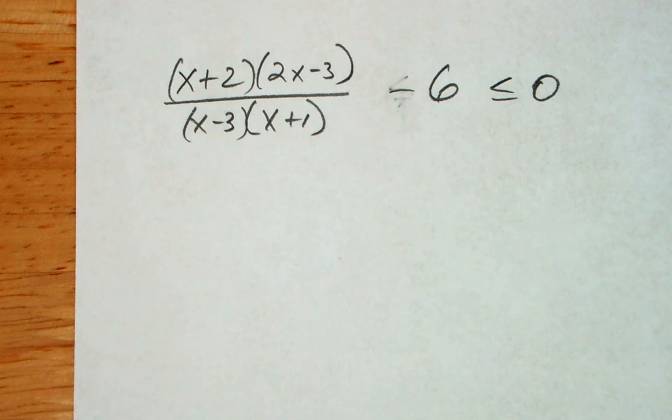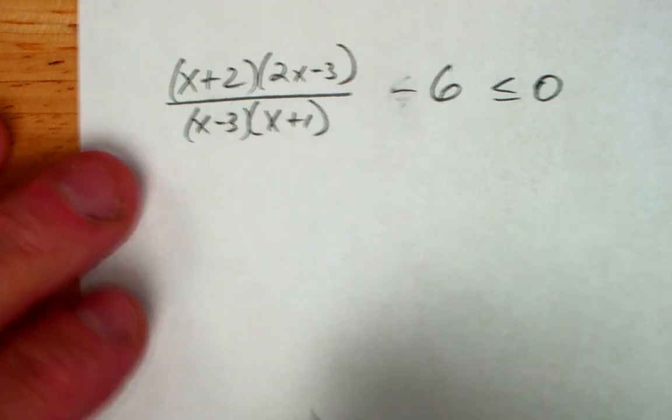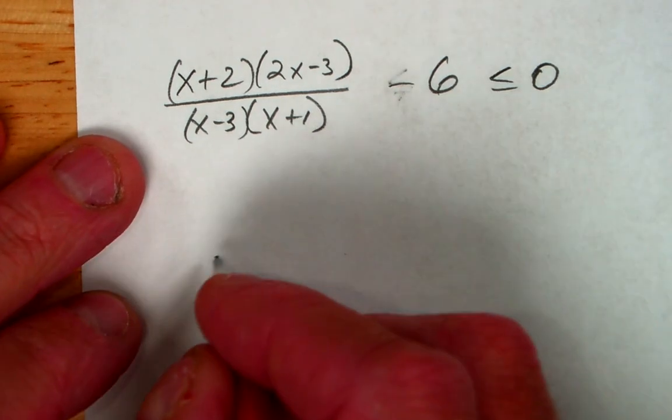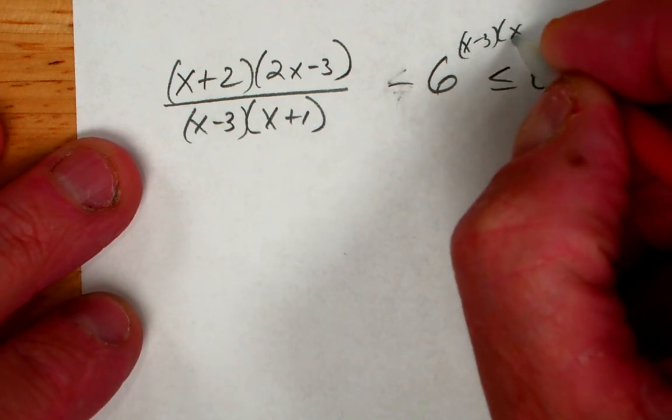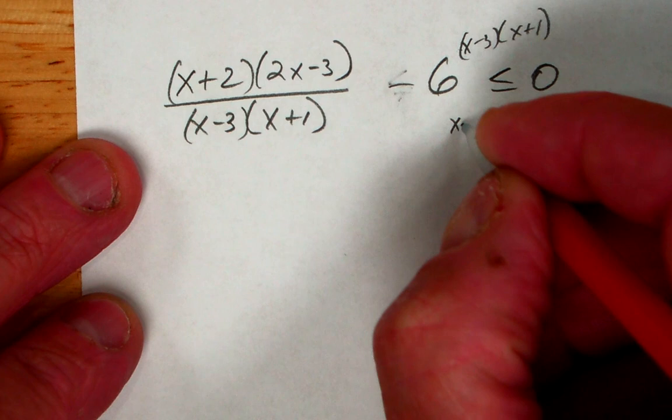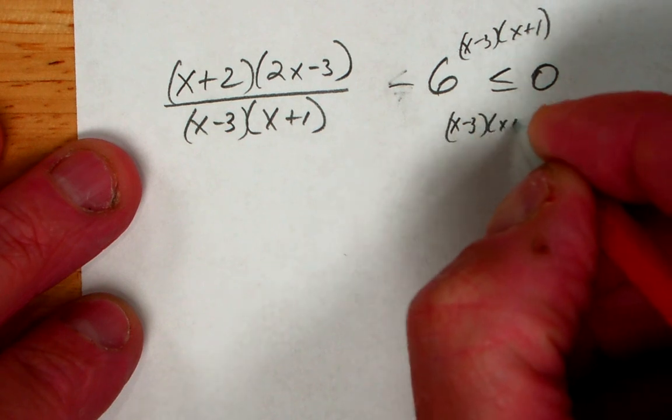So here's the thing. I have to find a common denominator. The whole bottom, times it by the whole bottom. All right. So I'm going to go like this: x minus 3, x plus 1, x minus 3, x plus 1.